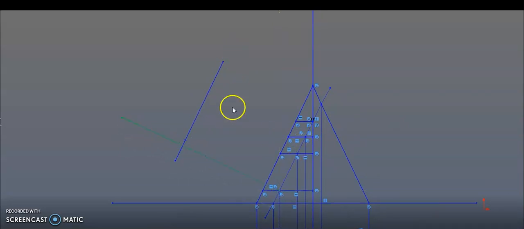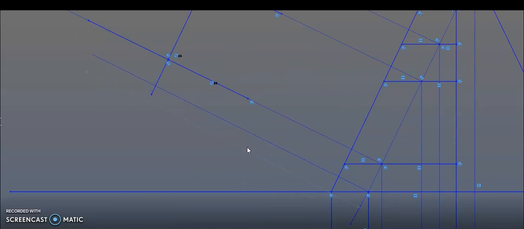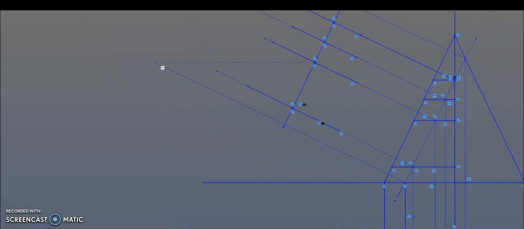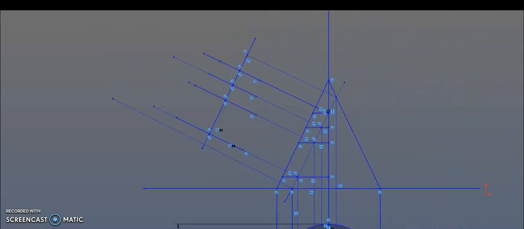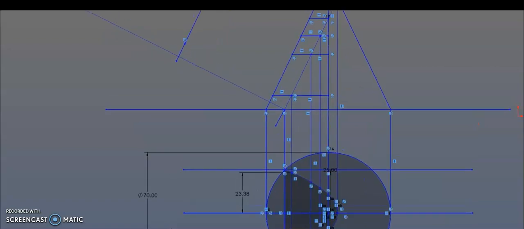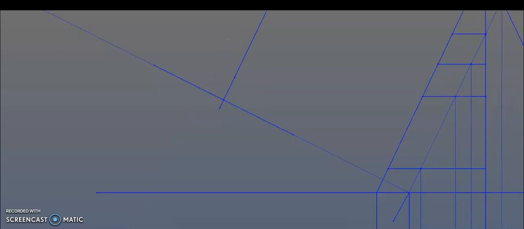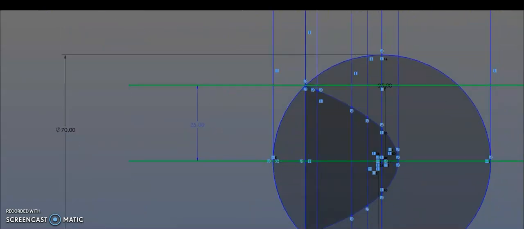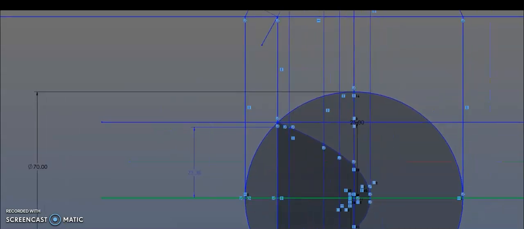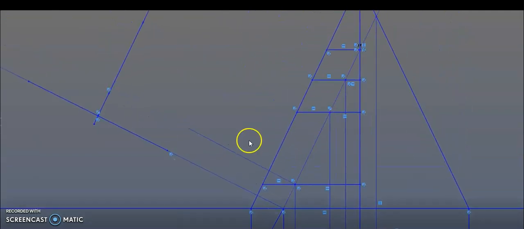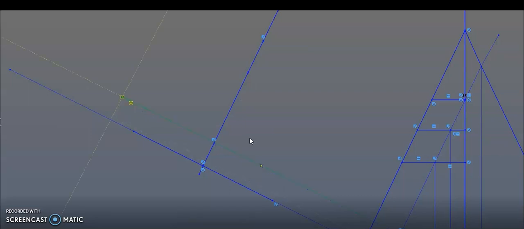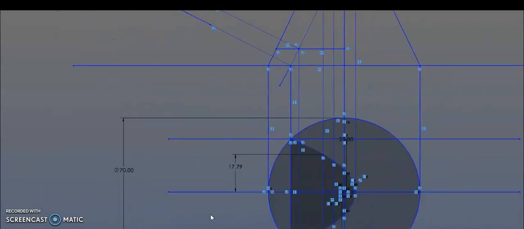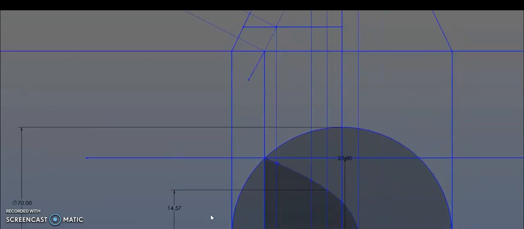This line and this line will be parallel. That is 14.57.